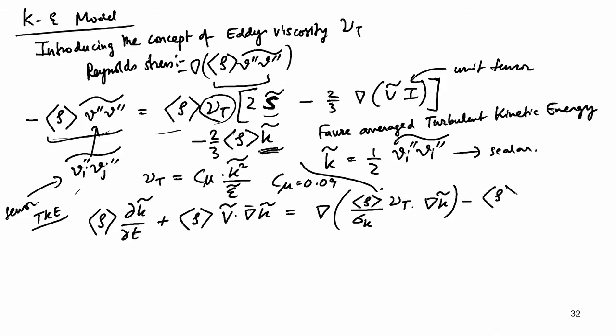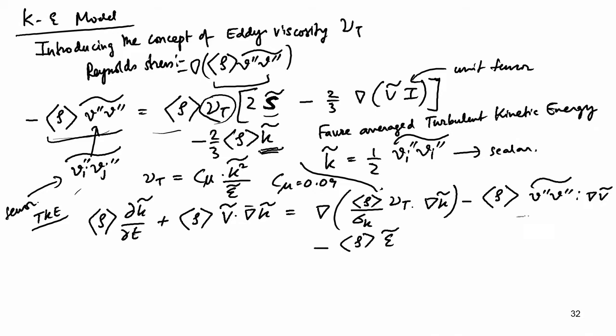minus v prime double dashed, the Reynolds stress terms, contracted with the gradient of v tilde, minus mean density times dissipation. Okay.